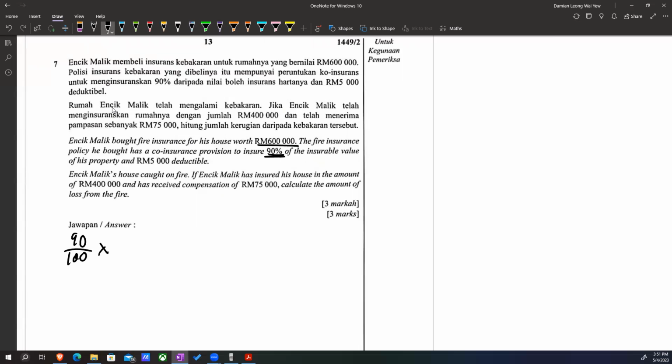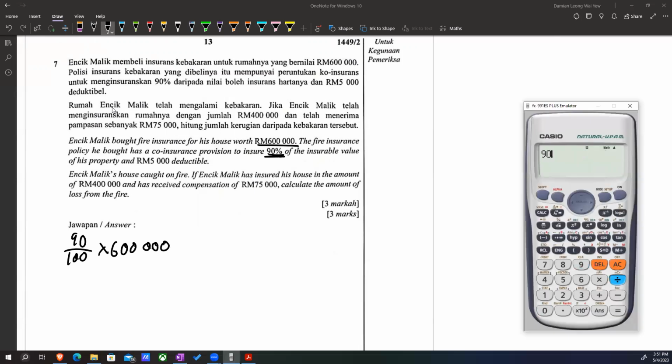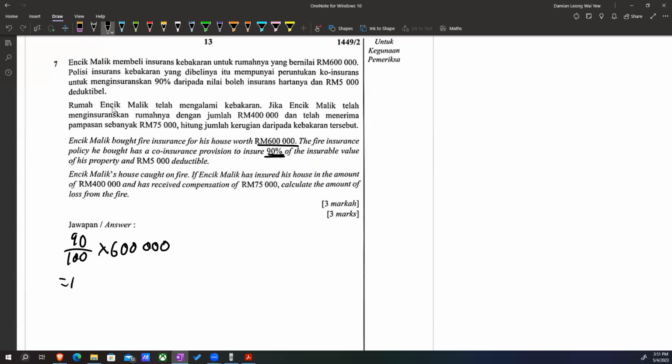So 90% of the value of the house, 600,000. So calculate that first. 90% of 600,000 will be 540,000. Okay.